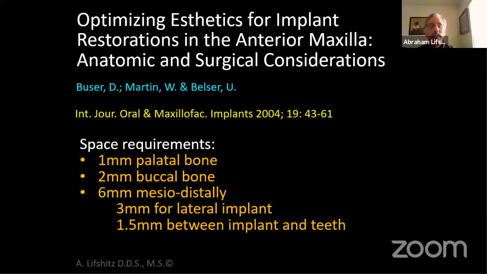And we need 6 millimeters mesiodistally for the crown, meaning 6 millimeters mesiodistally between the roots. Why? Because we need 3 millimeters of diameter for the implant, and we need 1.5 millimeters between the implant and the adjacent tooth.